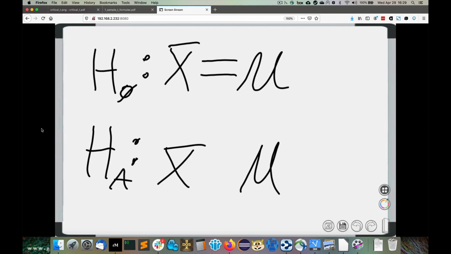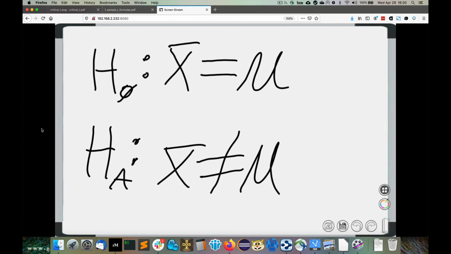The opposite of the null hypothesis is the alternative hypothesis. The opposite of equal to is not equal to, so we use the not equal to symbol, which is an equal sign with a slash through it. So what we have here are the two hypotheses that we're going to combine, that we're going to test in a head-to-head competition between the null hypothesis and the alternative hypothesis. And at the end of our process, we're going to be able to pick one of these guys.